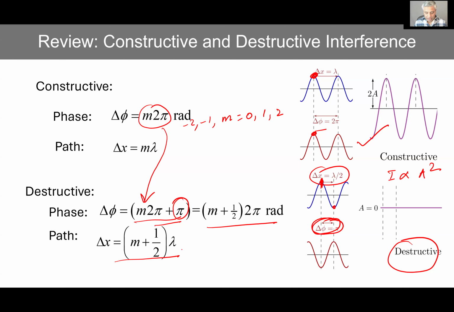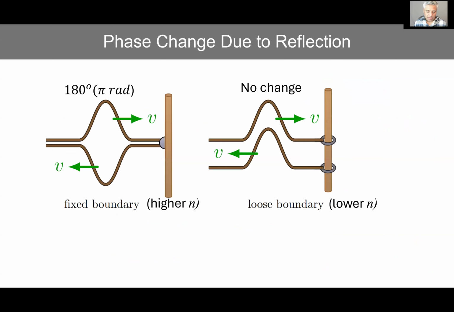And the same thing goes with the path difference as well. This is basically a review of what we had already learned. Since we're going to be using this idea, if you forgot it and don't keep it in mind, what we're going to talk about may not make much sense. So those are constructive and destructive.